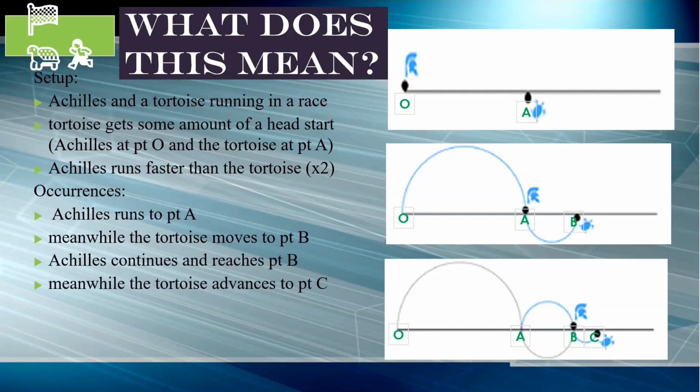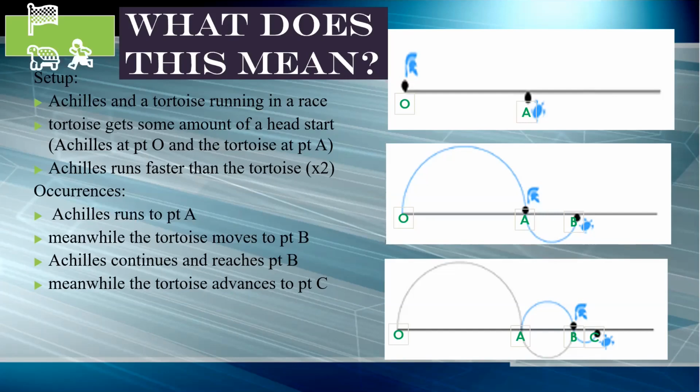So once Achilles has reached point A, he continues running, and so does the tortoise. During this next span of time, Achilles runs from point A to point B. And by the time Achilles reaches point B, where the tortoise was, the tortoise has moved forward to point C.